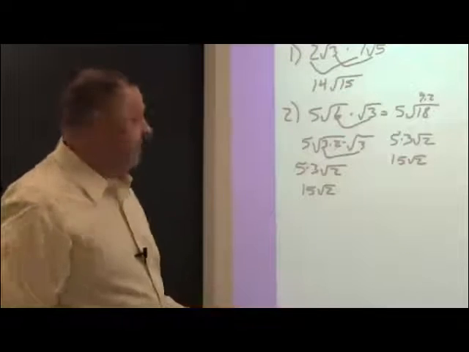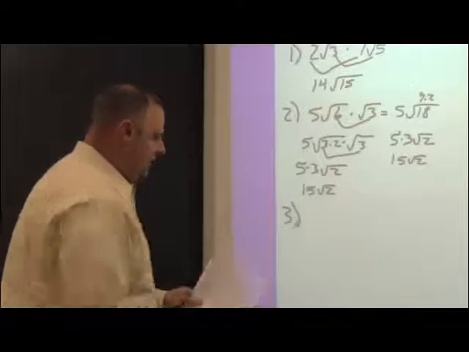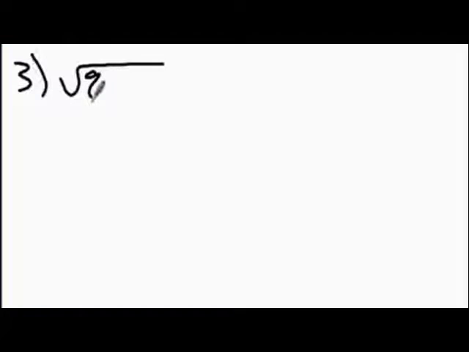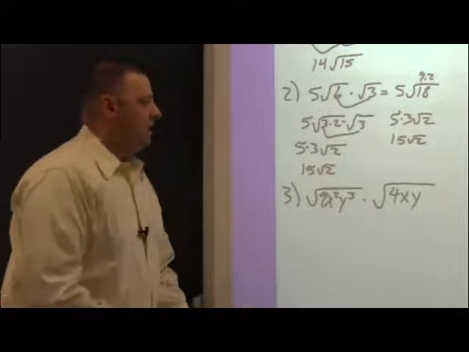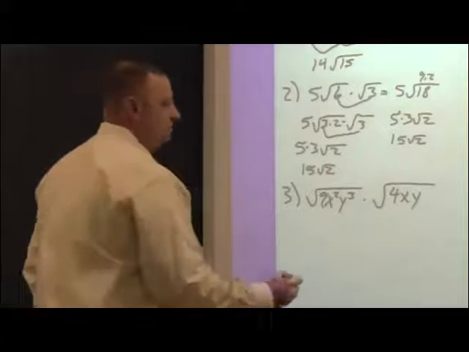Okay, let's add variables to it now. Let's take the square root of 9x squared y cubed times the square root of 4xy. These are not too big a number, so let's just go ahead and multiply everything inside.